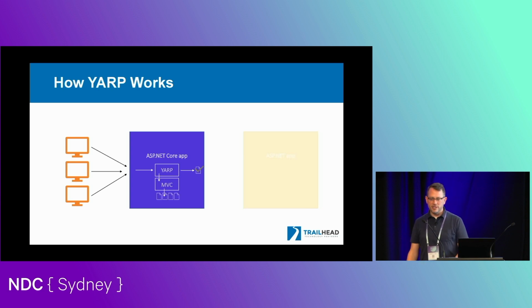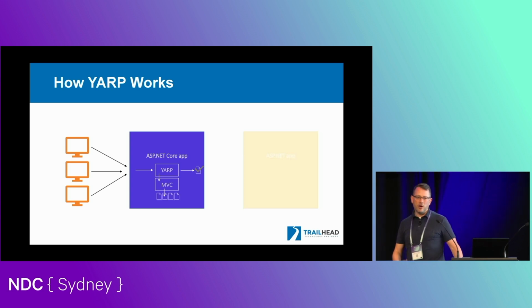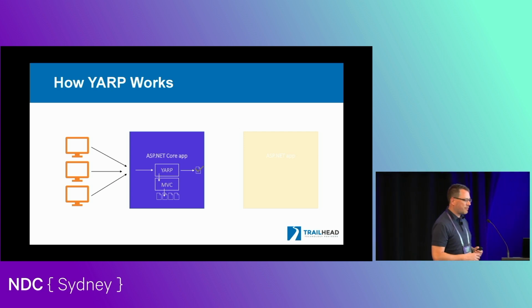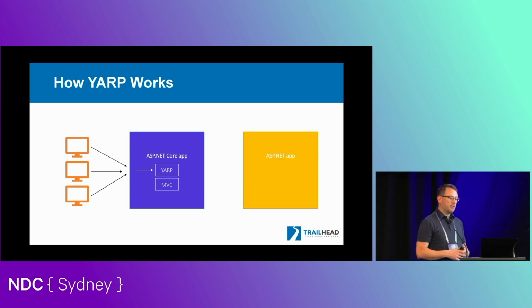It's going to forward it to your controller code. Or if you're doing minimal APIs, to your minimal API endpoint. Whatever technology you're using, it's going to forward that to your code that you've written to handle that particular endpoint. What happens if that request comes in and there is no route for that request in the route table? Well, then it's not going to keep going down the pipeline.